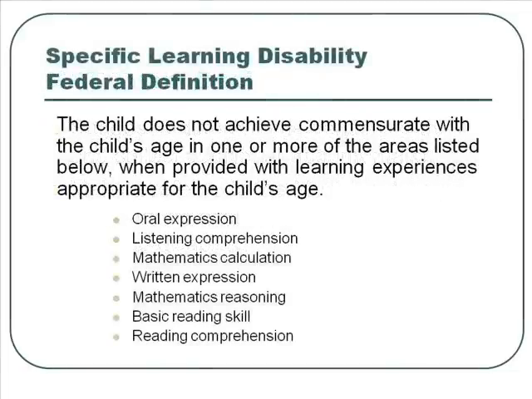Let's look at the federal definition for specific learning disability. It states the child does not achieve commensurate with the child's age in one or more of the areas listed below when provided with learning experiences appropriate for the child's age. Those areas are oral expression, listening comprehension, mathematics calculation, written expression, mathematics reasoning, basic reading skill, and reading comprehension.